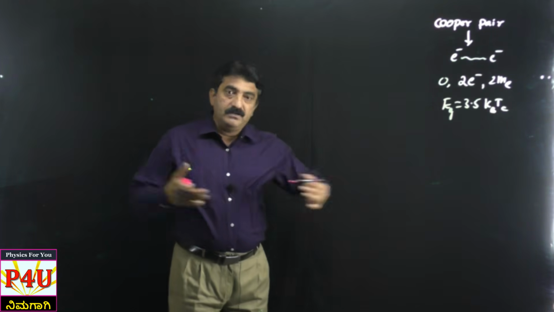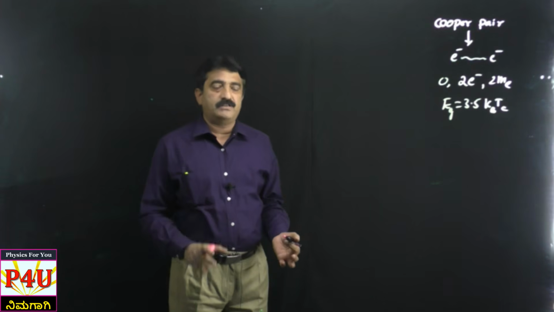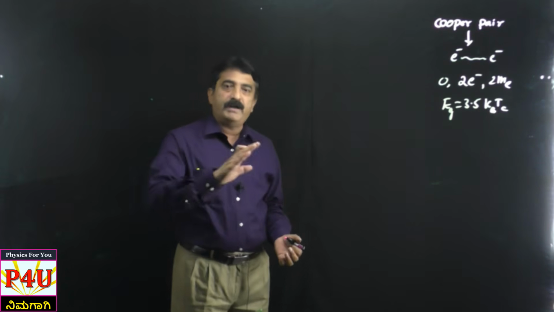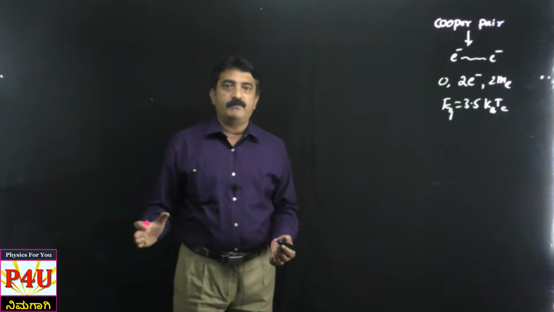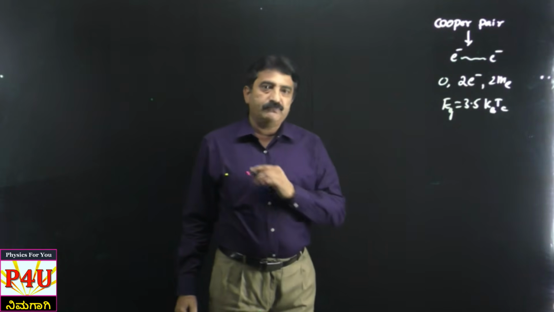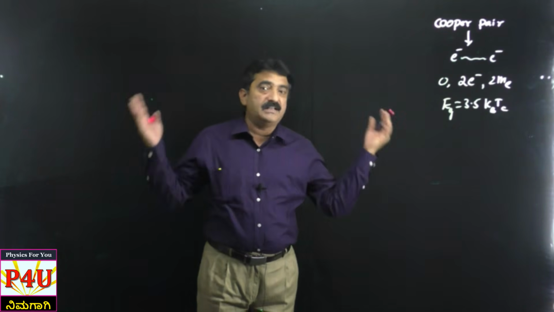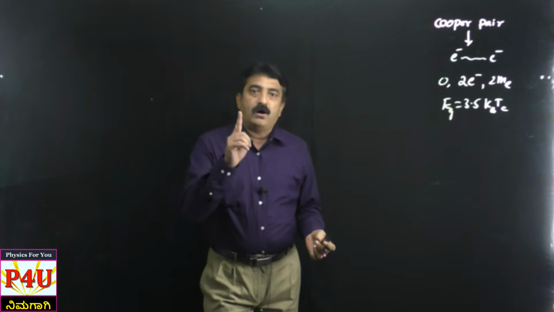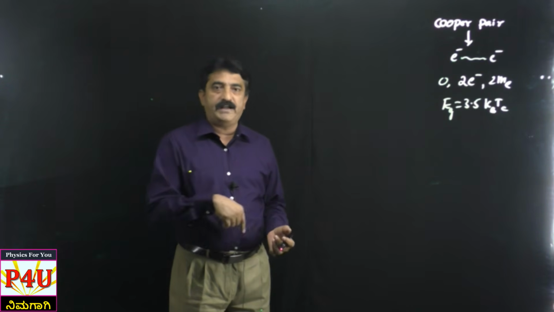I have explained Cooper pair formation in detail. So dear students, before proceeding further with this video, better you watch my Cooper pair formation video also, that is just the previous one. These Cooper pairs within no time increase in number like anything, and all of them have what is called correlated motion.